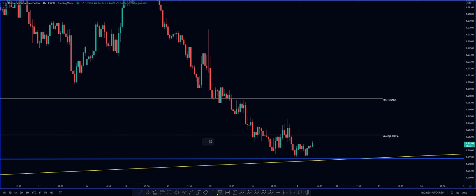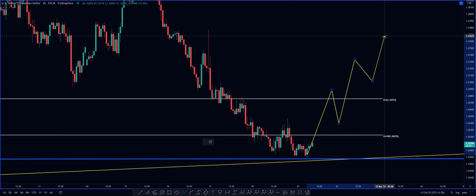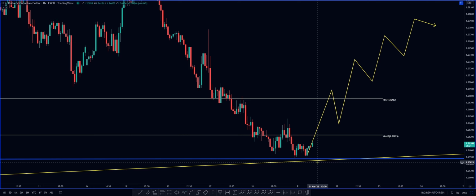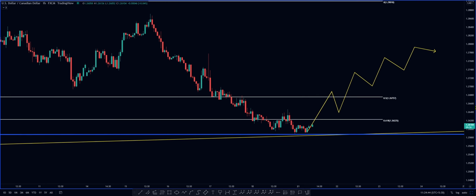If the market goes up, then you can buy the retracement and it will give you multiple opportunities, because this is a weekly time frame and the target is huge compared to the weekly and H1 time frames.